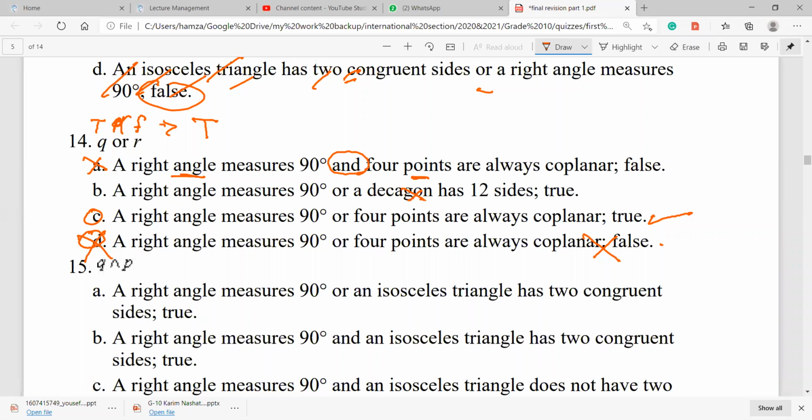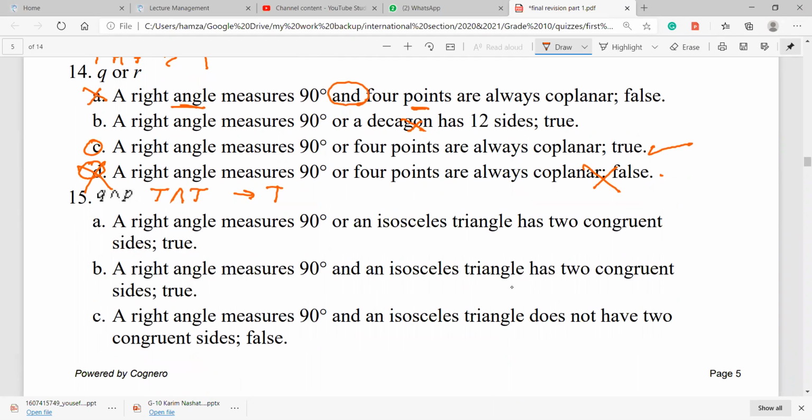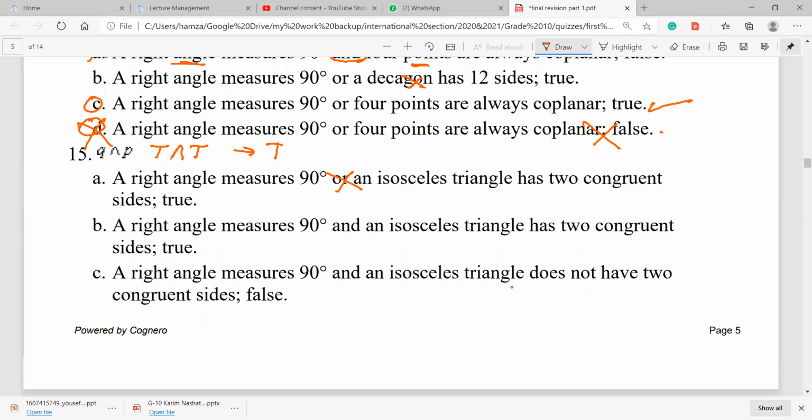Q and P. I remember, guys, Q is true and P is true. So this statement will be true, guys. And we use "and", which means this statement will be eliminated.